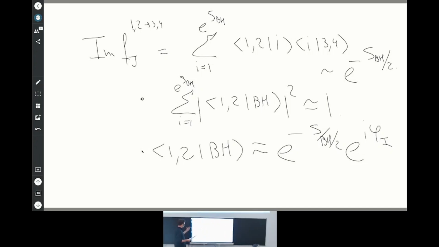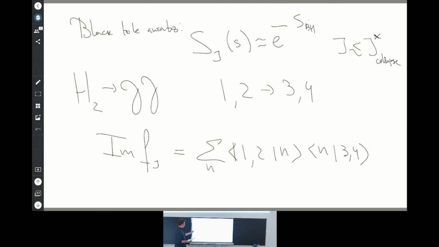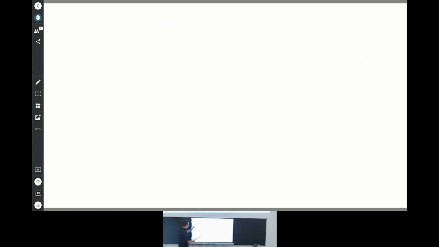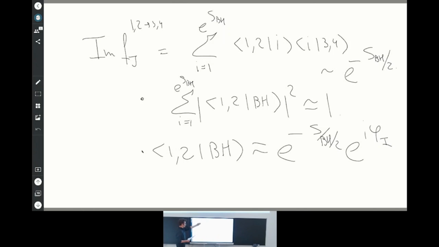Now, we want to compute something like this. So we want to evaluate the Wilson coefficient, say at low energies. So we can write dispersion relations for this amplitude, and we get the integral of, say, ds prime from the lightest black hole to infinity. And here we plug this e to the minus S black hole over 2, which is the imaginary part of f in the dispersion relation, the imaginary part of the amplitude.